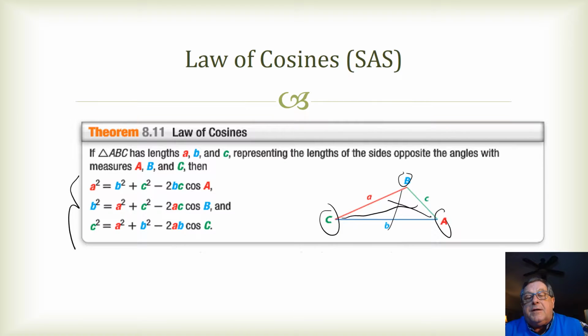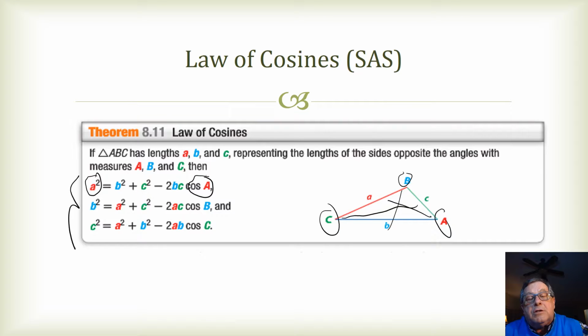But let's say I'm trying to find side a. And you can see here in this first formula that we have a squared equals b squared plus c squared minus 2bc, negative 2 times b times c, times the cosine of A. And you can see a pattern in these formulas.